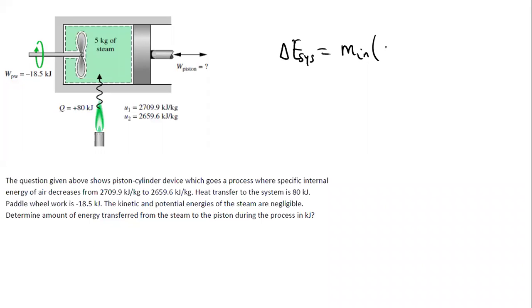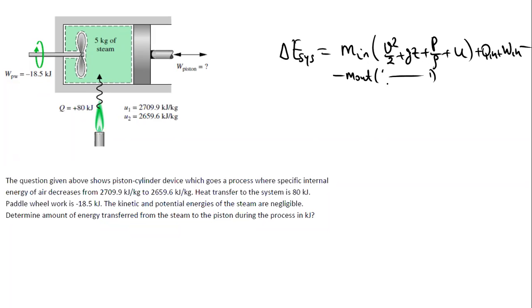It is not so difficult an equation. It will be kinetic energy, potential energy, pressure energy, and the internal energy. This one plus Q in plus work in, minus, similarly here, mass out. I will not write all of the equations here, and minus Q out and minus work out.